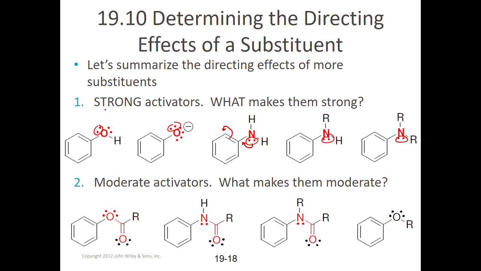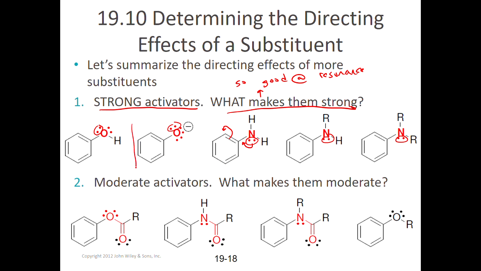So these are called strong activators. What makes them so strong? They're so good at resonance. They're all excellent at shifting electrons into the ring to stabilize the positive that forms in the ring during the transition state.